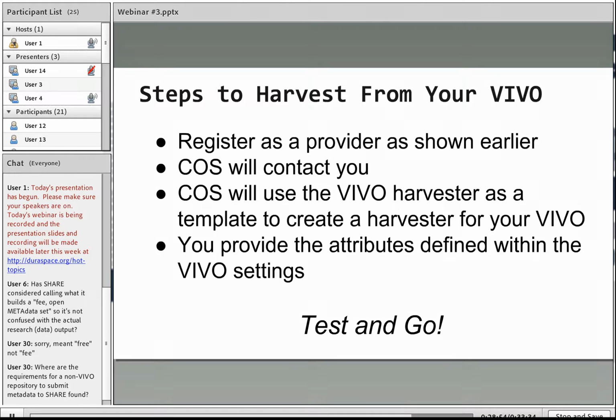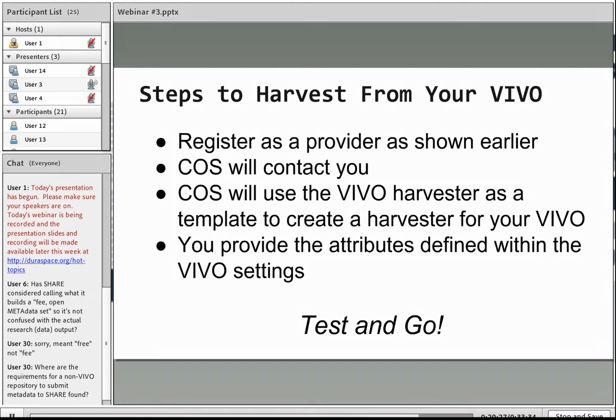We have a question. Where are the requirements for a non-VIVO repository to submit metadata to Share found? Yes, I can go ahead and answer that one. Requirements really are only that we gather from each different repository, from each piece of data, the title, the contributors, a link back to the original, as well as the time that it was last updated in that provider, the original source.